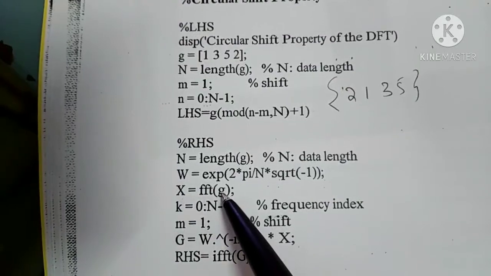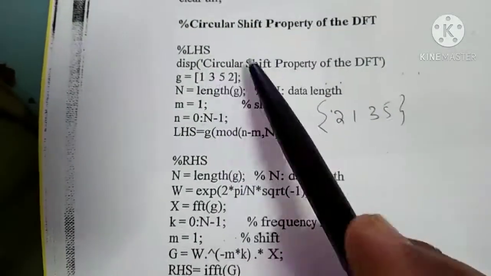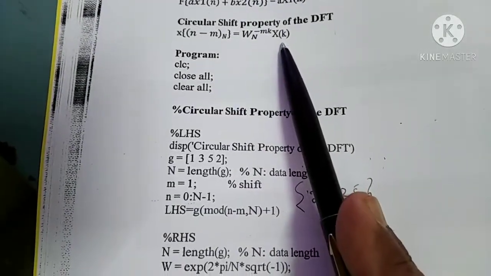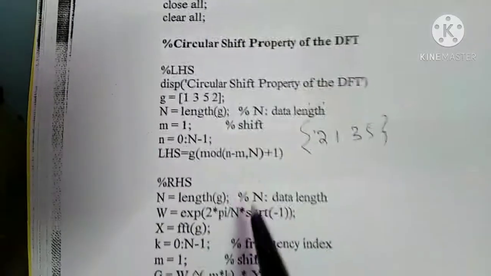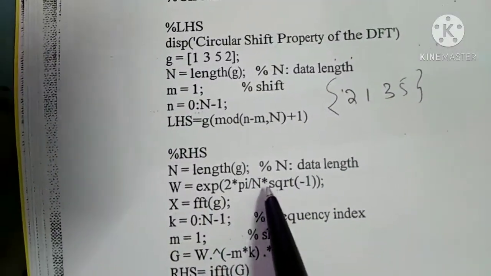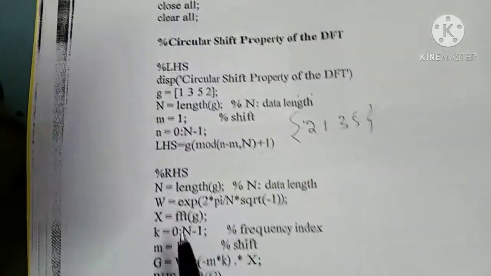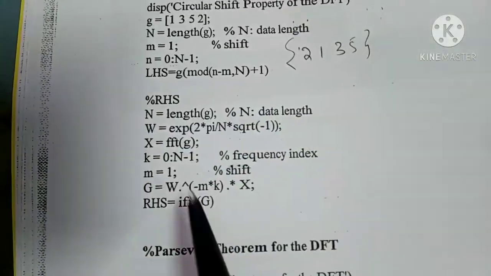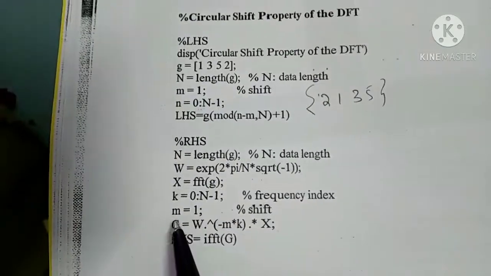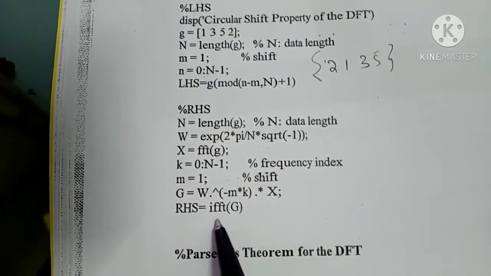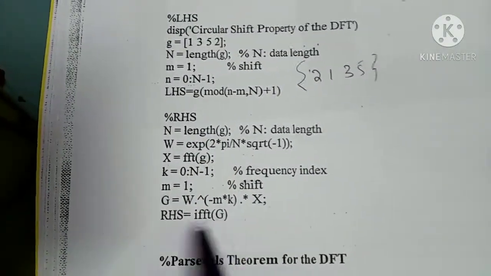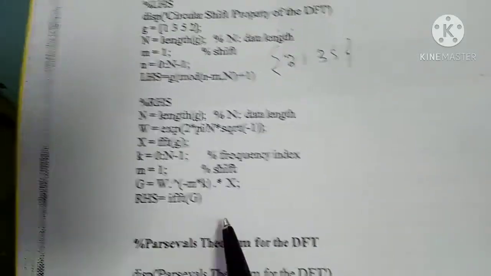Then X of k is the FFT of g, and we multiply it with omega to the power of m minus k. Here minus is there, so for that reason we have taken e power as positive; if it were positive, I would have taken negative. After multiplying this, we get g, and we take the IFFT of g, that is the RHS, and we display those values.